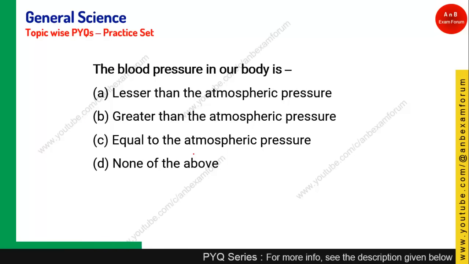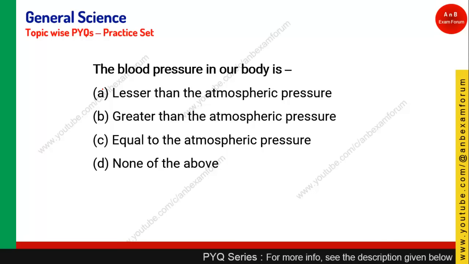The blood pressure in our body is lesser than atmospheric pressure, greater than atmospheric pressure, equal to atmospheric pressure, or none of the above. Yes, so the blood pressure of our human body, as I told you, is 120/80 mm of mercury, and this is in reference to the atmospheric pressure, that is 760 mm of mercury.